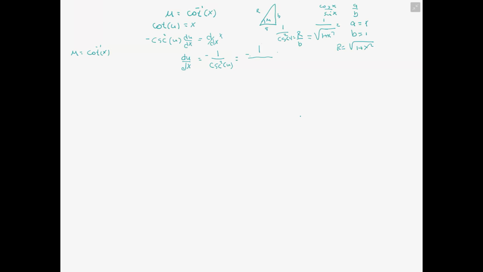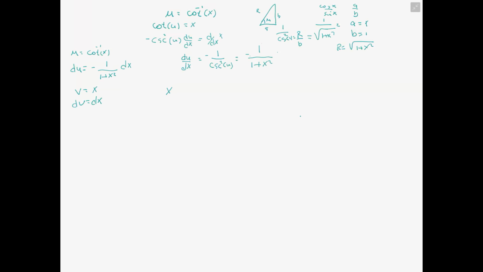So this is minus 1 on 1 plus x squared. So du equals minus 1 on 1 plus x squared dx. V equals x and dv equals dx. So now we've got all our parameters.